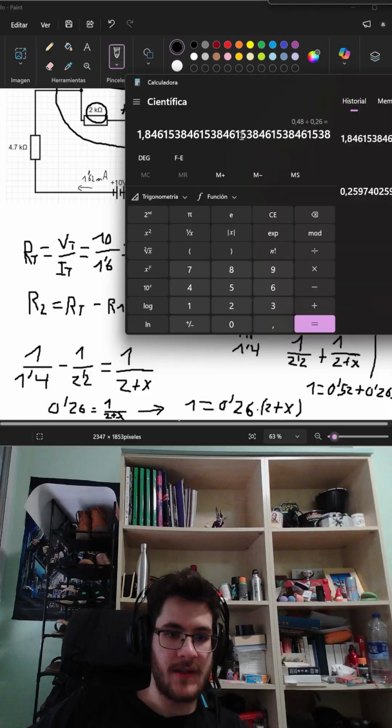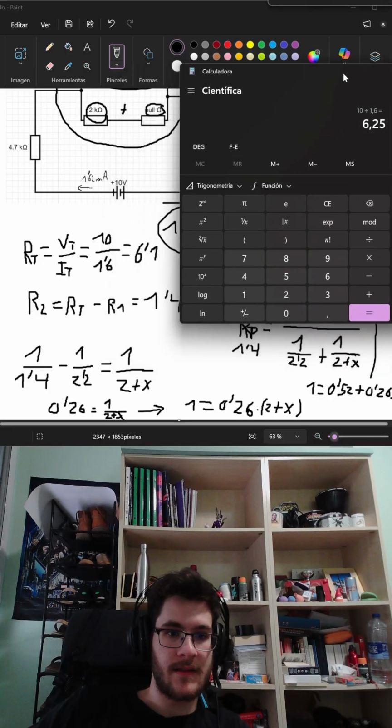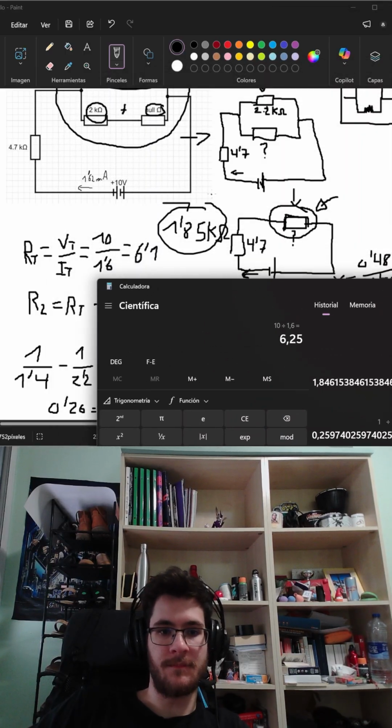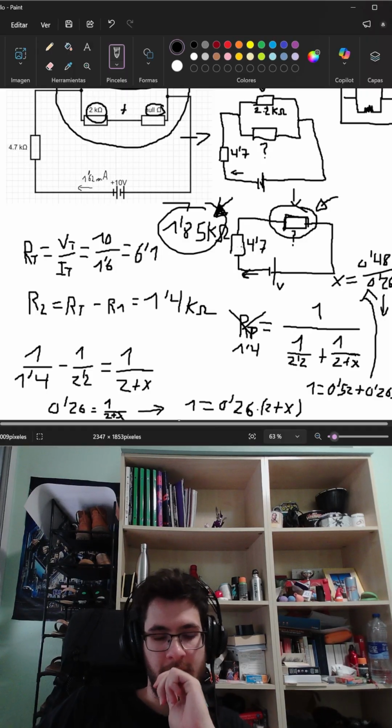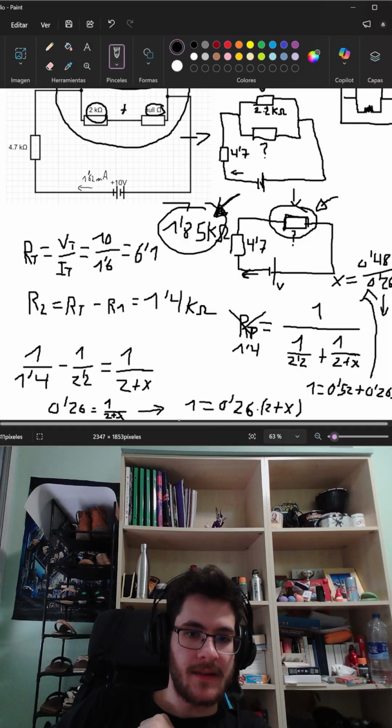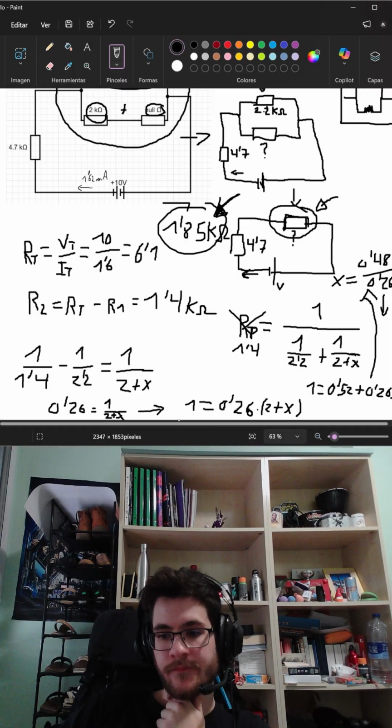But we are supposing that 10 divided by 1.6 is 6.1, so it can be a bit different from the result. But this is one way to do it.